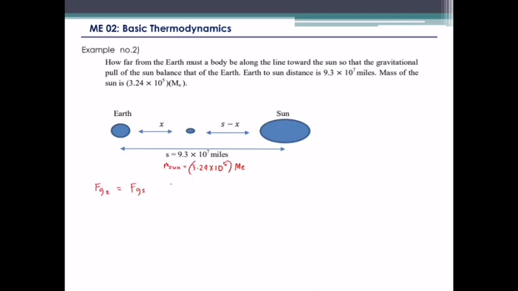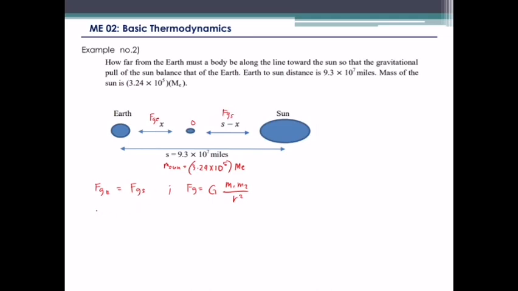And then from the formula, the gravitational force is equal to G m1 m2 over r squared. So substitute. The force between the Earth and the object, this is FGE. Between the object and the Sun, this is FGS.